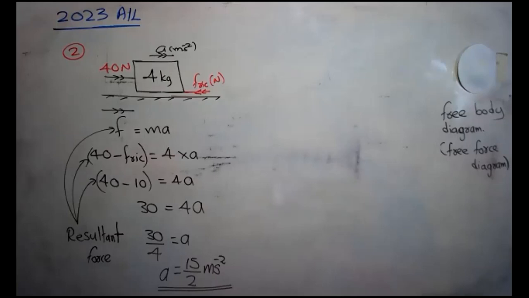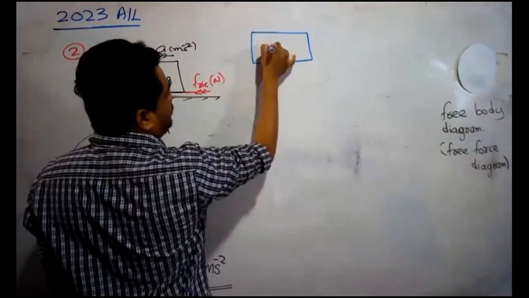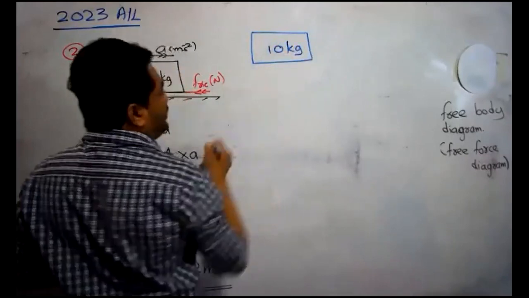A metal box is moved on a rough horizontal surface as shown in the following figure.